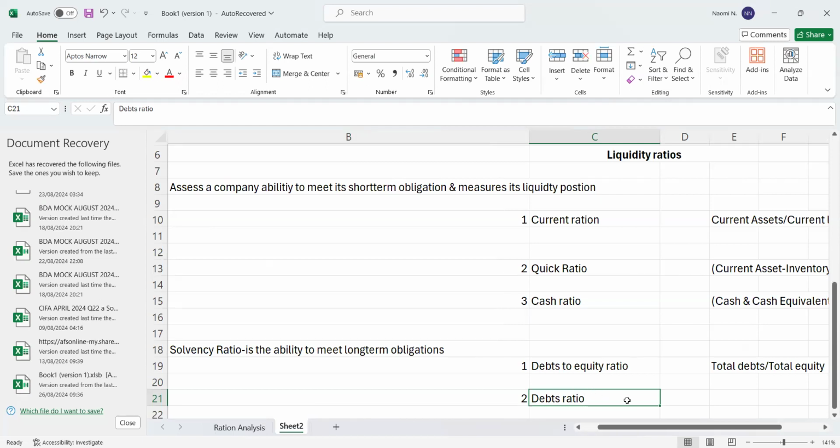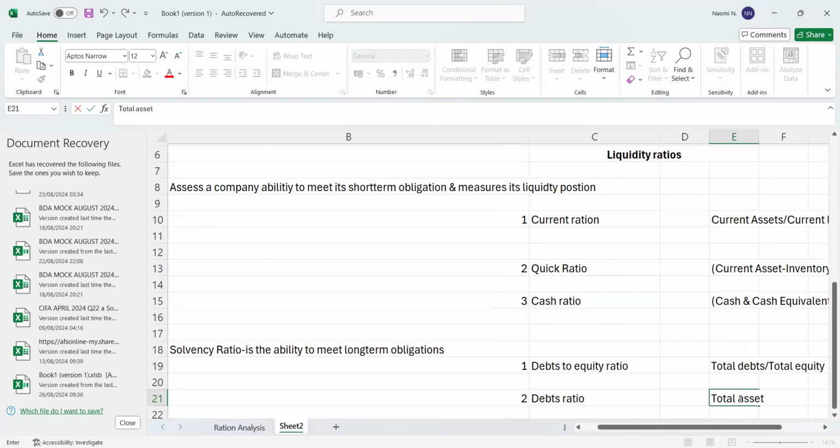So debt ratio. On debt ratio, the formula is the total debts divided by the total assets.